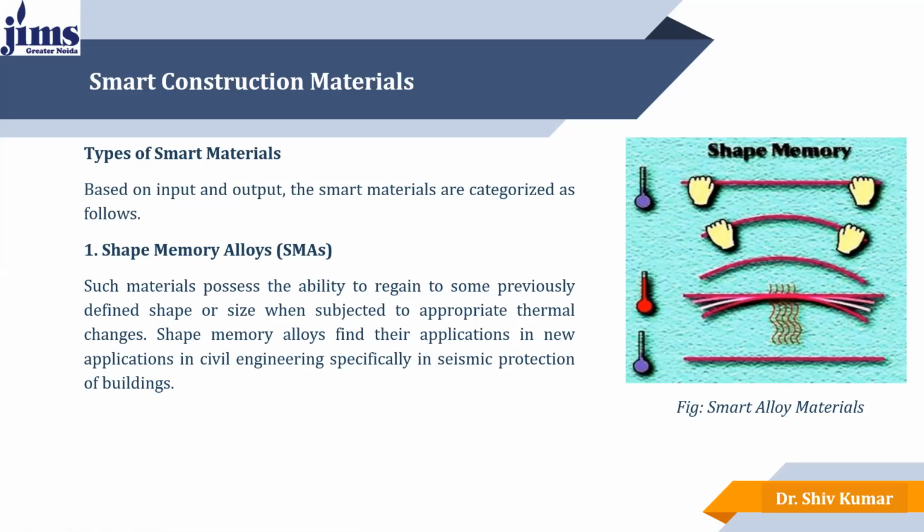Such materials possess the ability to regain some previously defined shape or size when subjected to appropriate thermal changes. Shape memory alloys find new applications, like in seismic protection, or you can say protection from earthquakes.